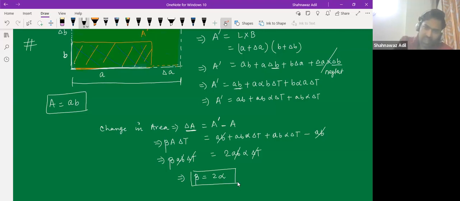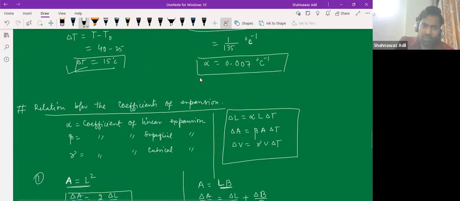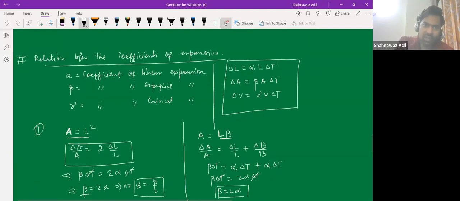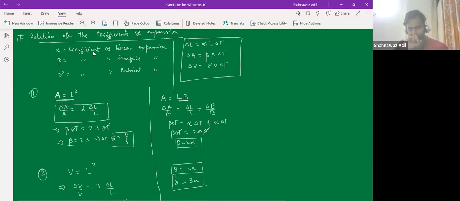So these are the things I wanted to tell. And then we'll do one question from the NCERT again. But before we do that, if you have any doubts, please tell me. Where is RK? RK is not here. This was very important.